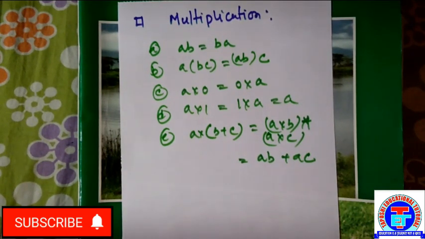And the literal coefficient is the product of the literal coefficients of the given monomials, right? So therefore we write the product of monomials is equal to the product of the numerical coefficients into the product of the literal coefficients, right?